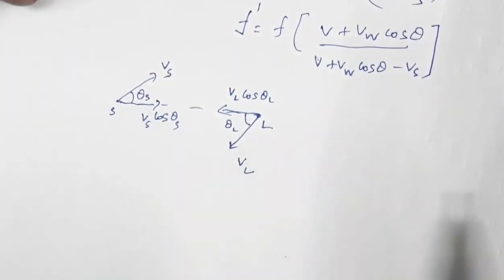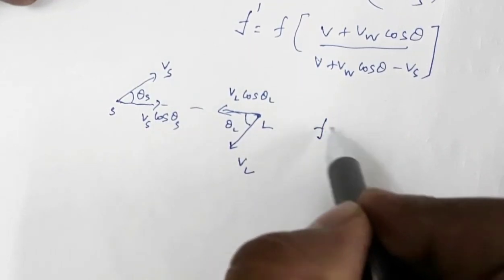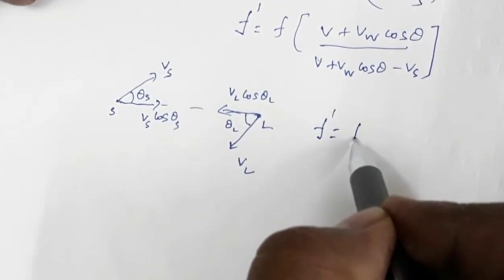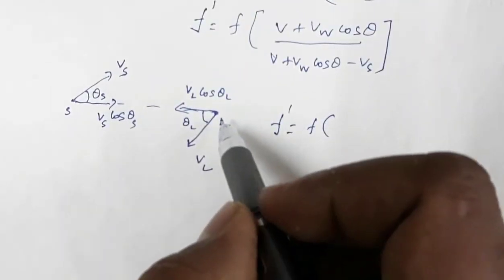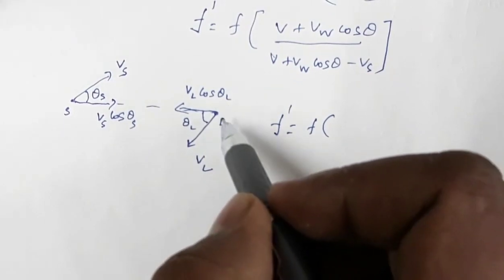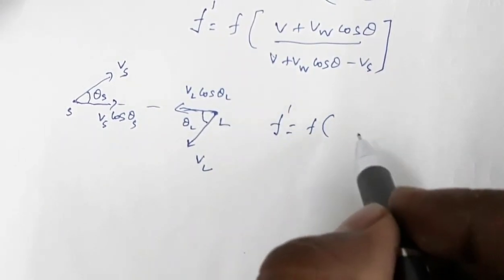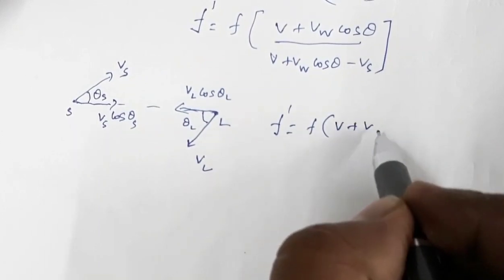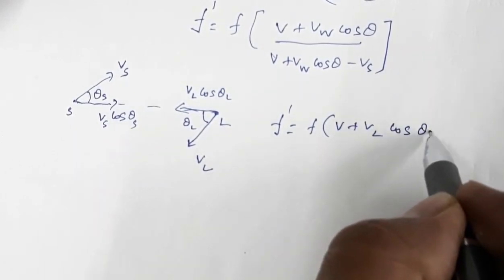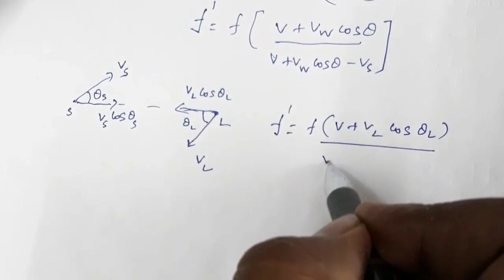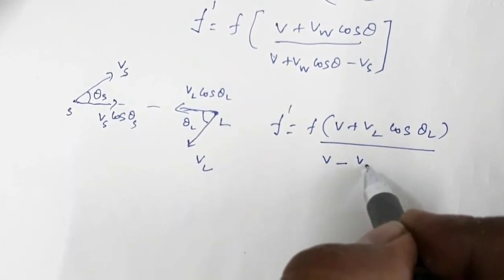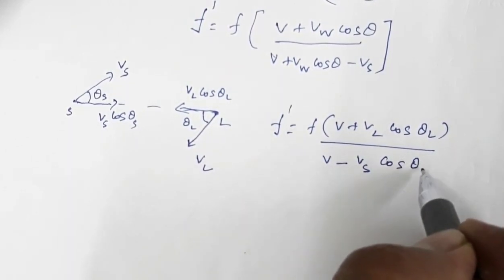In this case the apparent frequency will be f dash equal to f. Because of the motion of the listener, the frequency should increase, and listener velocity is in the numerator, so it will be (v plus vl cos theta l) divided by (v minus vs cos theta s).